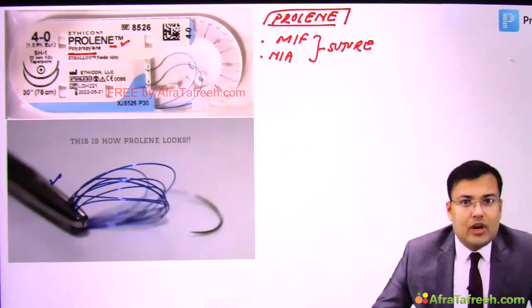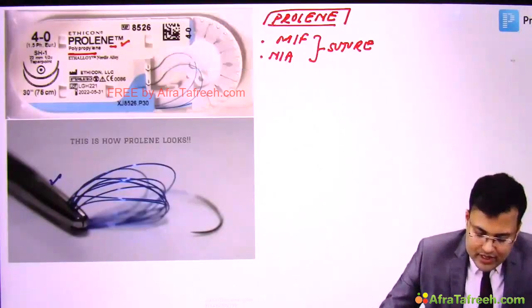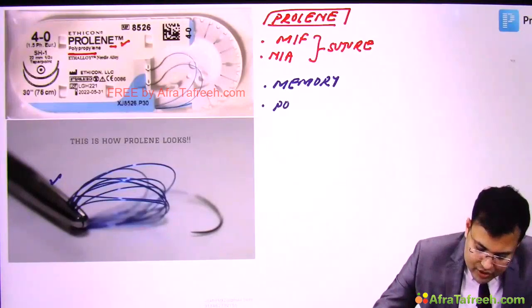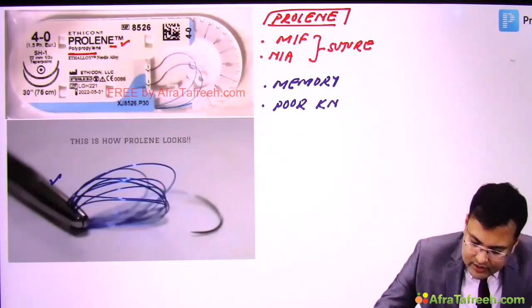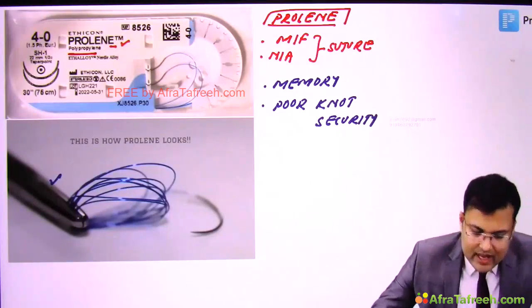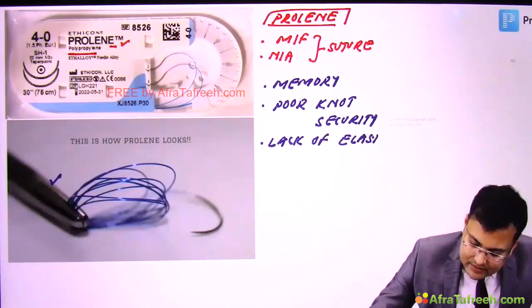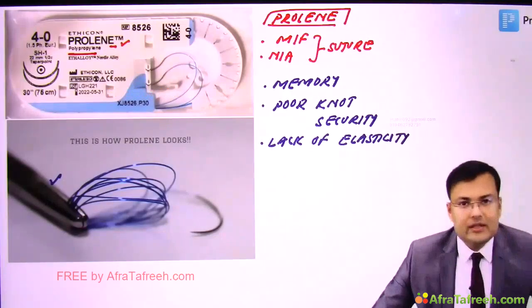So what are the disadvantages of proline? It has strong memory, poor knot security, and lack of elasticity. Clear? These are the disadvantages.